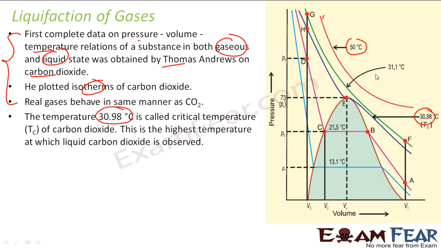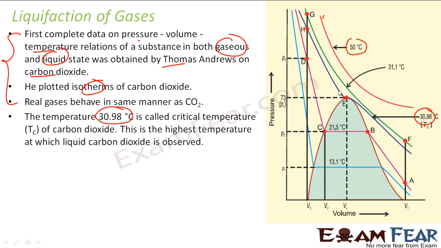Above this temperature, carbon dioxide is always gas, no matter what pressure or volume you give. You tweak the pressure, it doesn't matter, it will always be gas. Only if you have temperature below 30.98 degrees Celsius, it will behave like a liquid. And the blue line is the liquid line, the blue area is the liquid area.